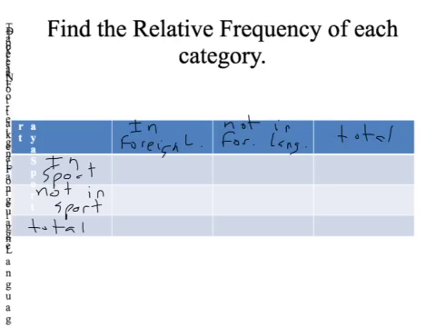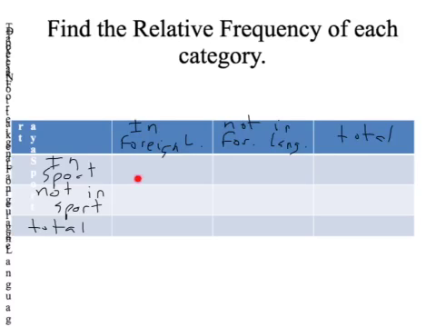Then the last thing we want to do is find the relative frequency of each category. So to do that, you need to take the amount in each box and divide it by the total amount. So in this case, our total amount was 50 students. So we want to take each one of the numbers and divide it by 50.